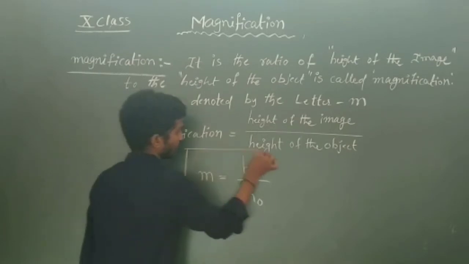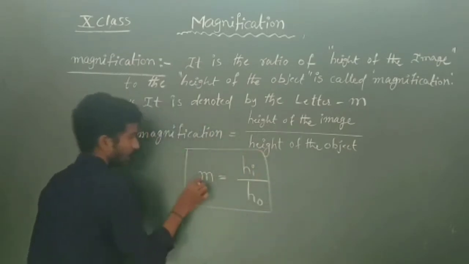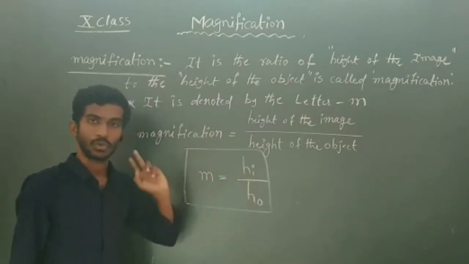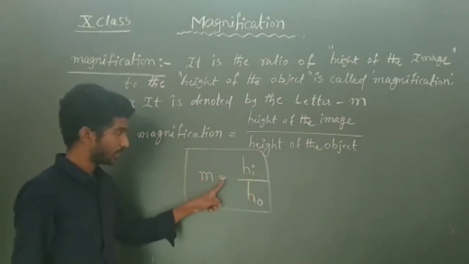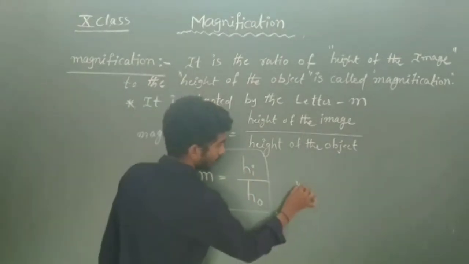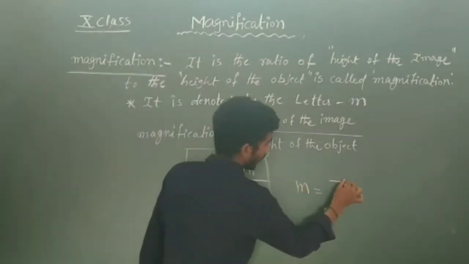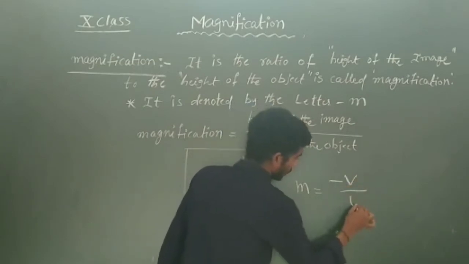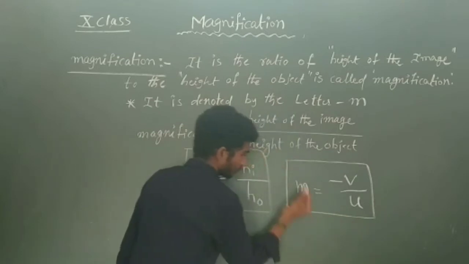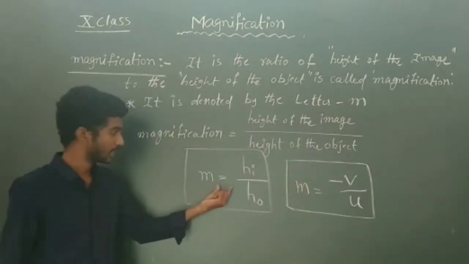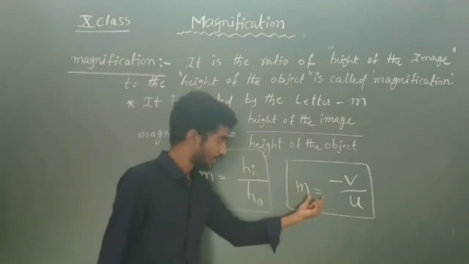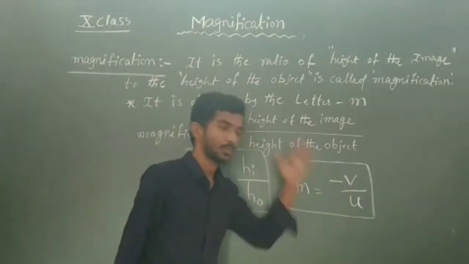This is the magnification formula. M is equal to HI by HO, or magnification is equal to minus V by U.